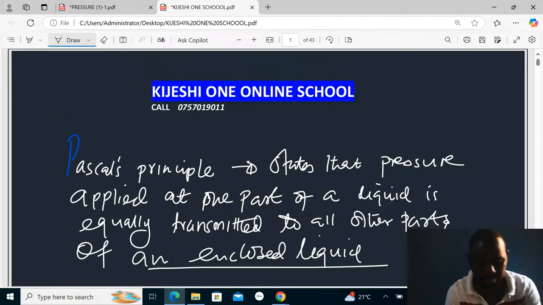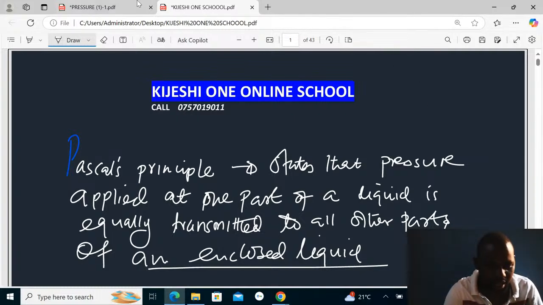In short, the last part of the statement, which says that it must be enclosed, means that this is a condition that is necessary for this equal transmission of pressure.